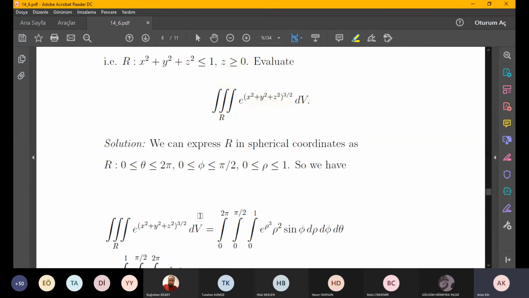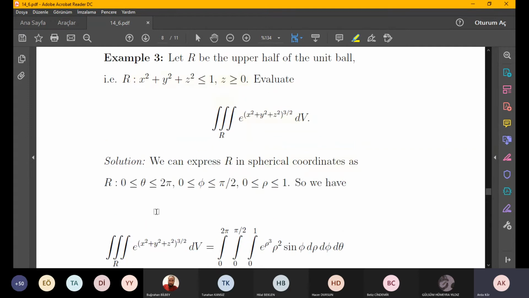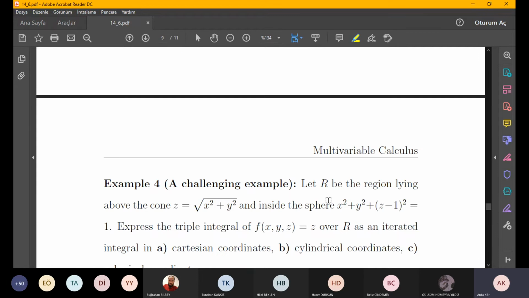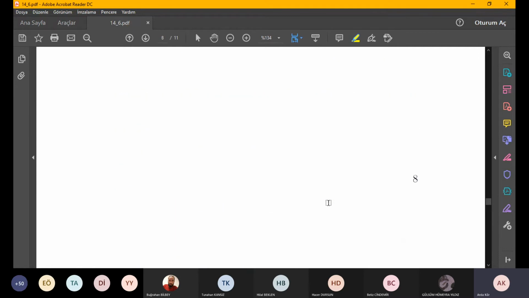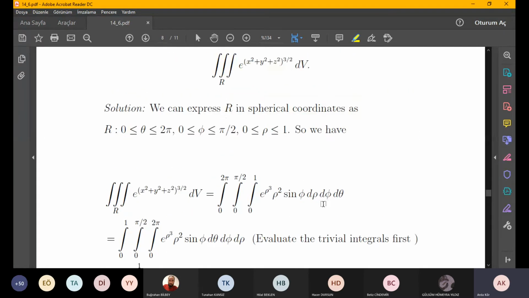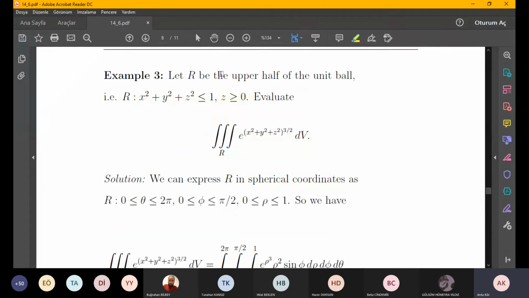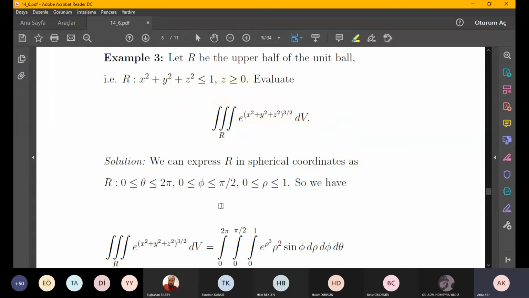So we need to express now the region R, this half ball, in spherical coordinates. If we just imagine, and I don't know if we have the sketch here. No. Okay.